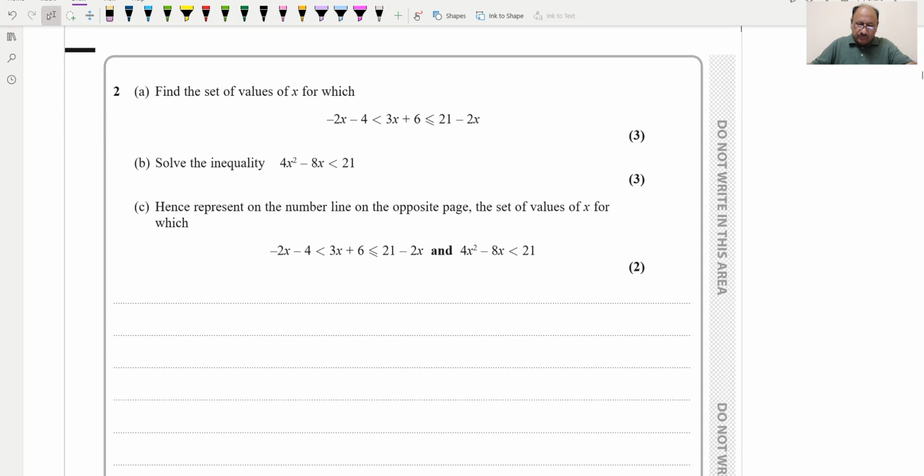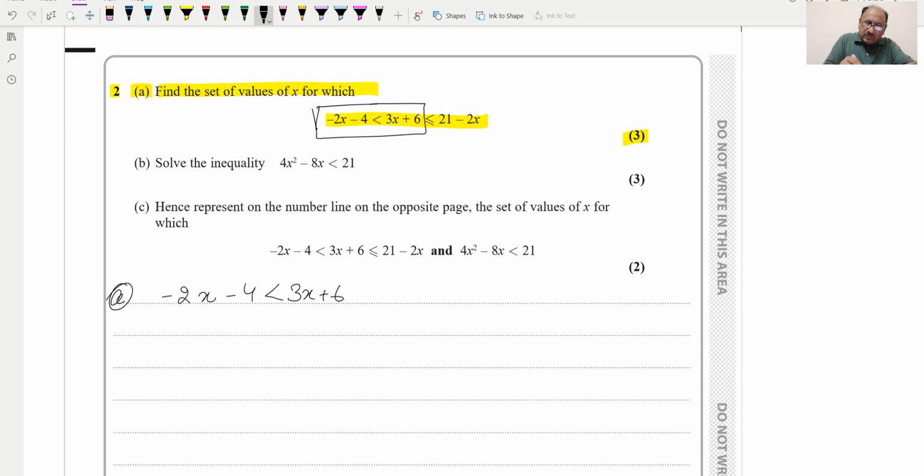Question 1 is done. Now question number 2 says find the set of values of x for which this double inequality holds, and this is a 3 mark question. For the first part, we will be solving 2x minus 4 less than 3x plus 6, and the second part we are breaking this into 2 parts.